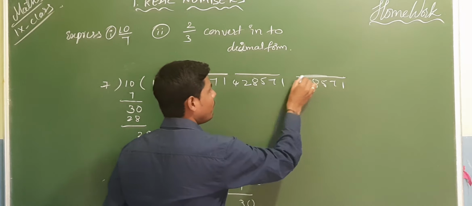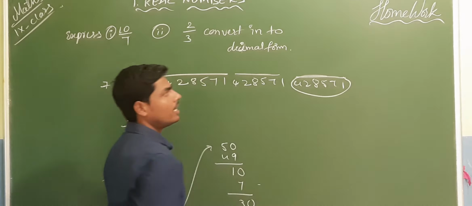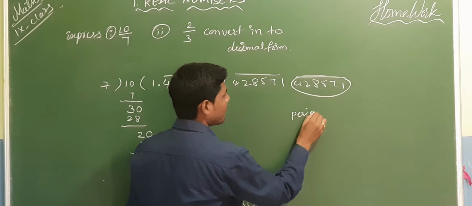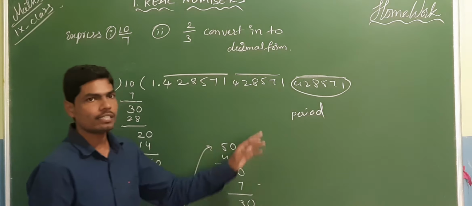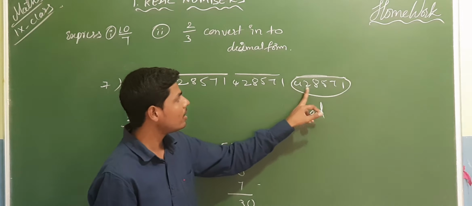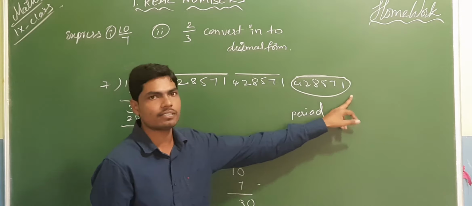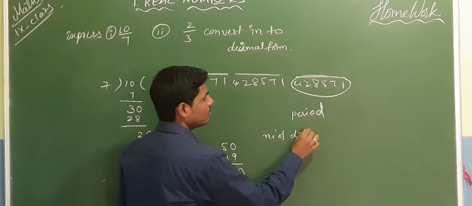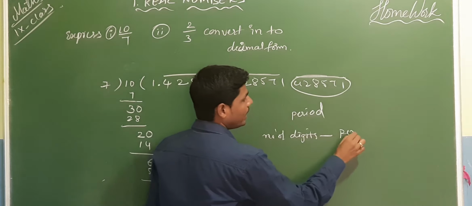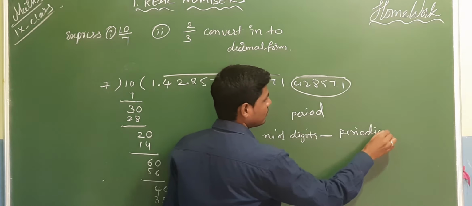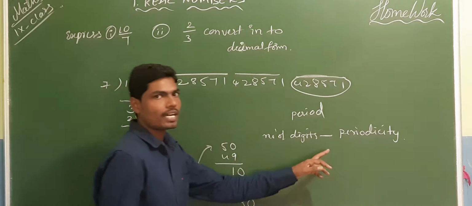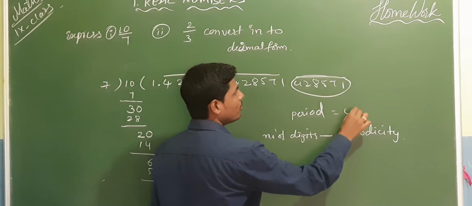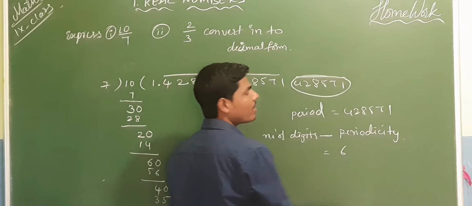These repeating digits are called the period. How many digits are repeating here? 1, 2, 3, 4, 5, 6. The number of digits is called periodicity. So what is the periodicity here? That is 6. The period is 4, 2, 8, 5, 7, 1.